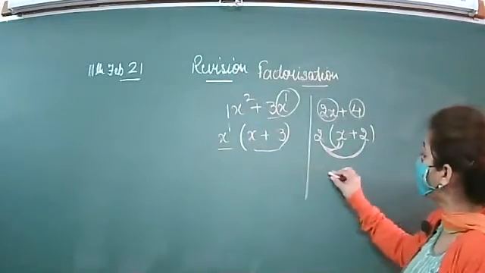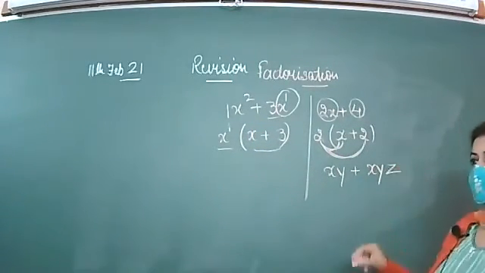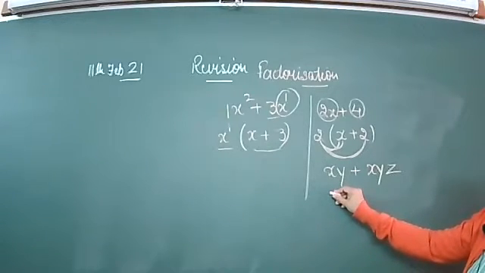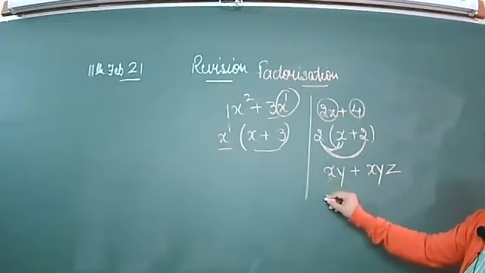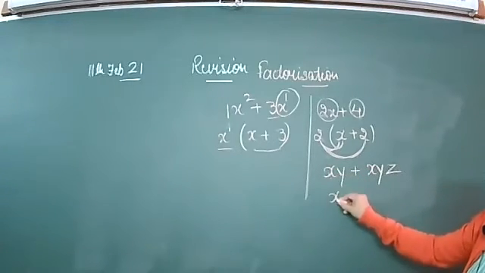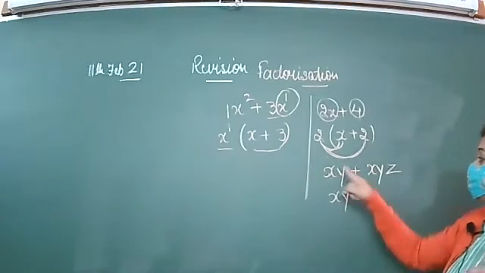Now the next I'm writing is xy plus xyz. Yes, Shivraj. X is there too. Okay, this is your x. X, y common. So xy, that is common in the two terms, is called greatest common factor, highest common factor.